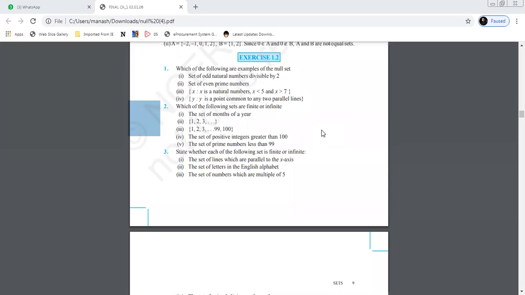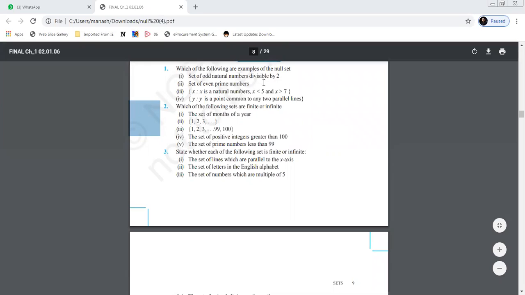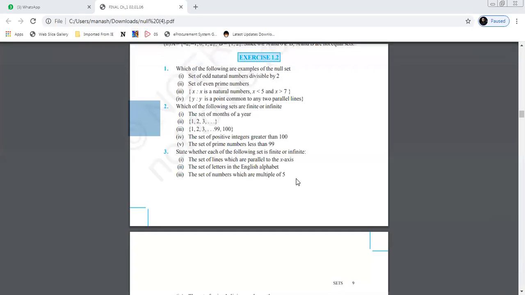Okay, so come to the next one. The set of letters in the English alphabet, this is finite, you know this one. Next one, the set of numbers which are multiples of 5. Obviously, is this finite or infinite?